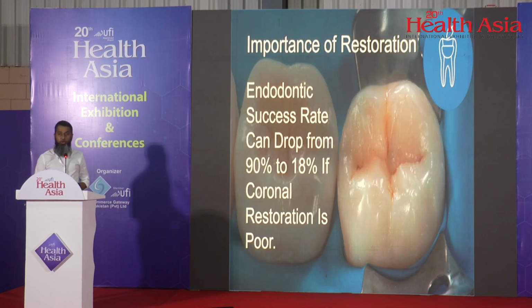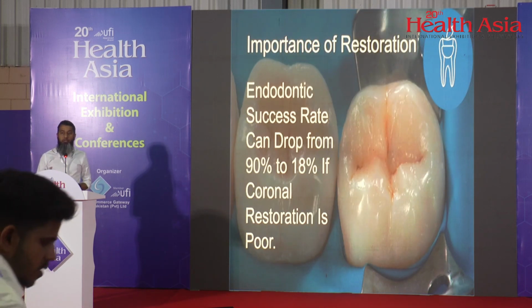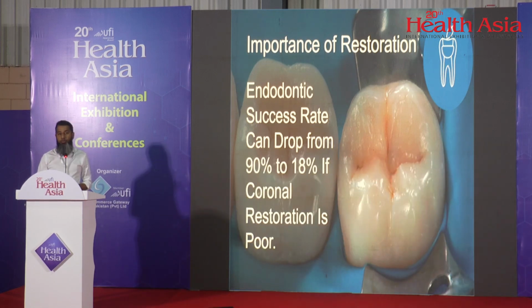And finally, the coronal restoration. A number of studies have quoted that the main reason for root canal failure is lack of good coronal seal. So if your coronal seal is not good, then bacteria will re-enter and will cause reinfection. That is why if sometimes patients present, they've got the root canal treatment done, but they have a temporary filling, we always confirm how long the temporary filling has been there.